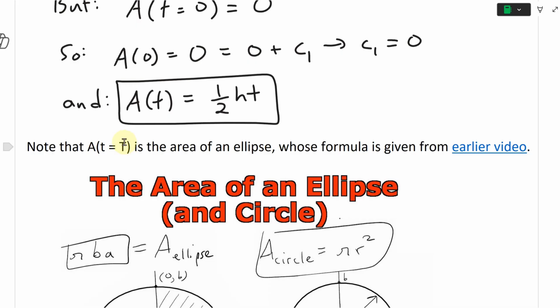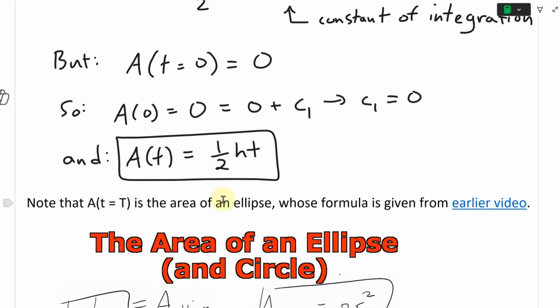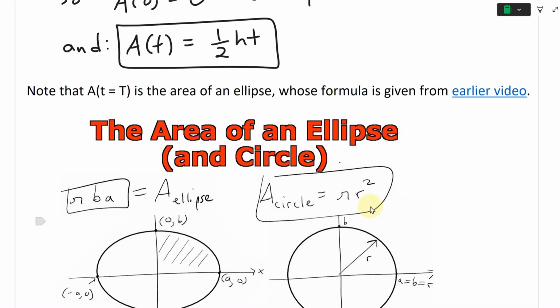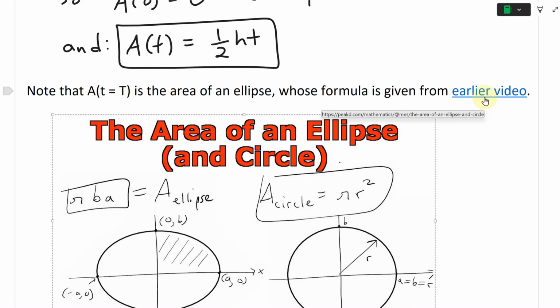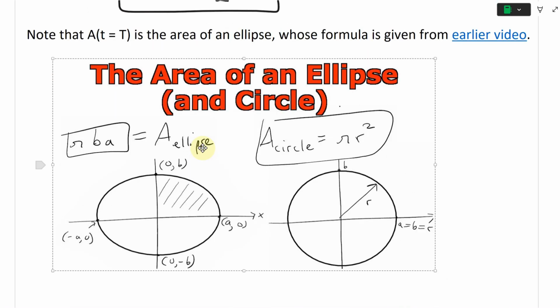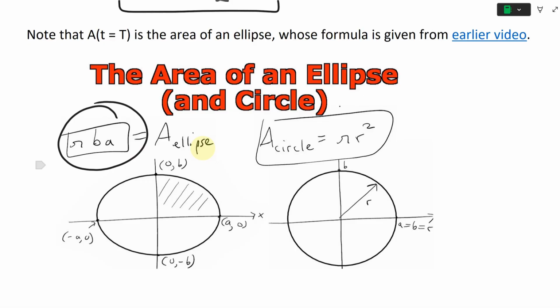All right, so going further, note that the area A at t equals capital T, in other words the period, as it does a full revolution, is the area of an ellipse, whose formula is given from my earlier video, and there's a link to the notes, and there's a thumbnail. So basically, the area of an ellipse is equal to pi times b times a, where a is the major axis and b is the minor axis.